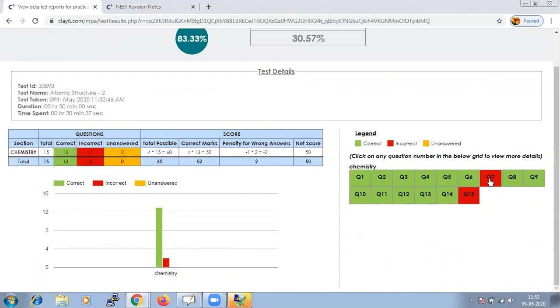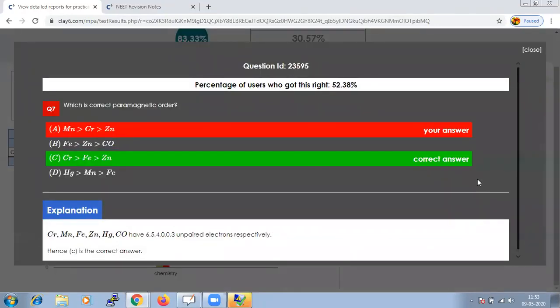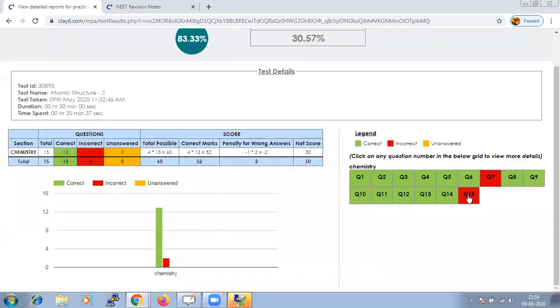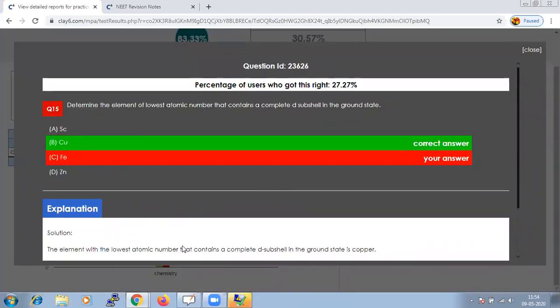If you go to the questions which we have marked incorrect, that will help you find out what the right answer should have been. I think I said copper, but by mistake I clicked C. It is copper.